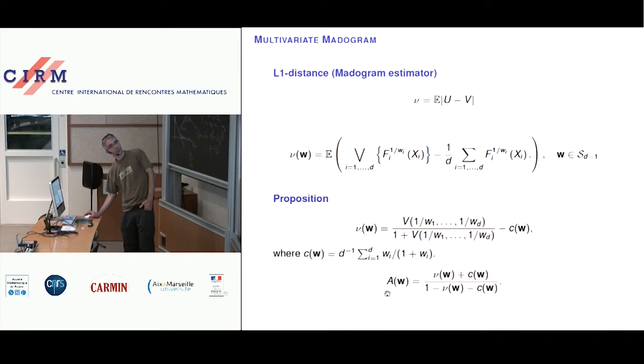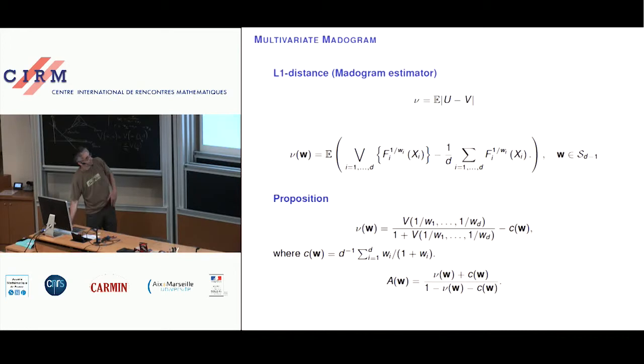So in other words, if you know how to compute this, you can just get A. Okay, and this is nonparametric. It's just one estimator. There are many different estimators possible, but we use this one.